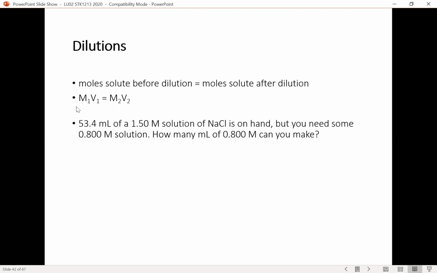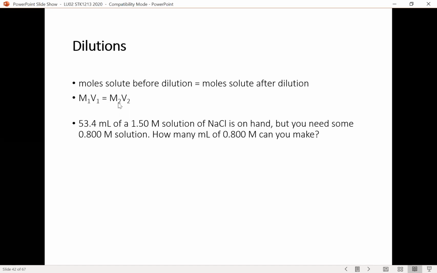formula which we need to remember, which is M1V1 equals M2V2. M1 is the molarity of the initial solution, the original solution, or what we call the stock solution. V1 is the volume of the initial, original, or stock solution.